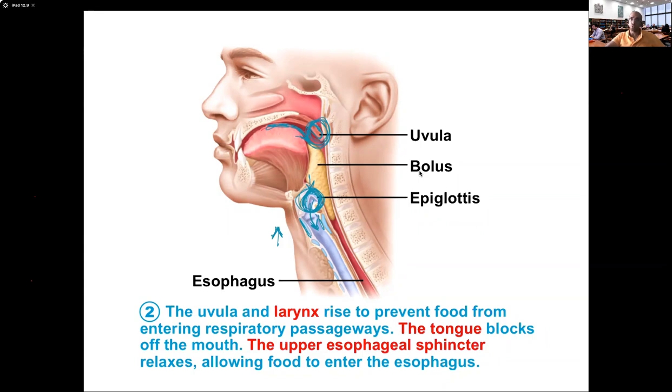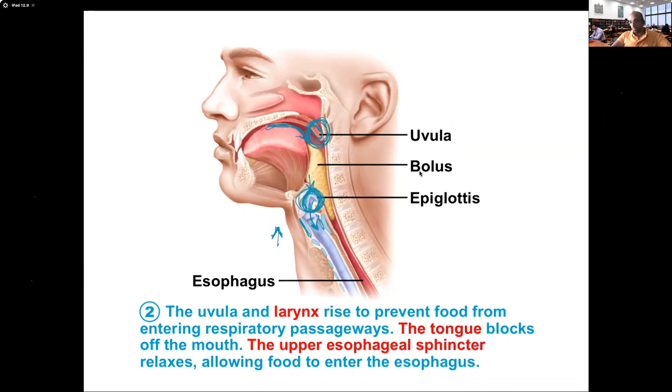Why? Because when you swallow, you're blocking the upper and lower airways. The uvula contracts to block the nasal cavity, and the larynx moves up and you kink the epiglottis, blocking the lower airways.